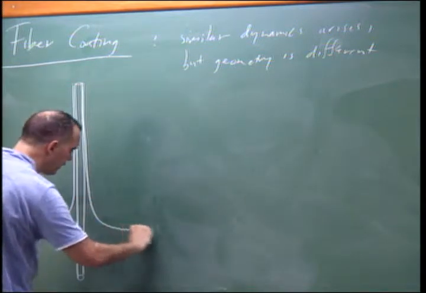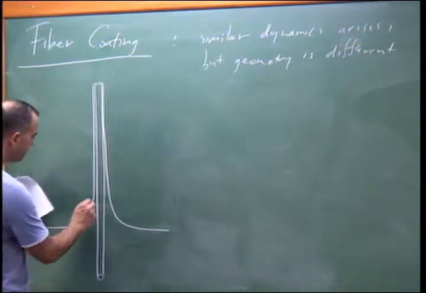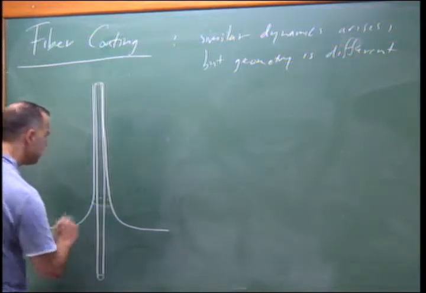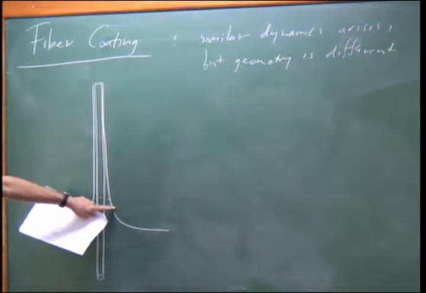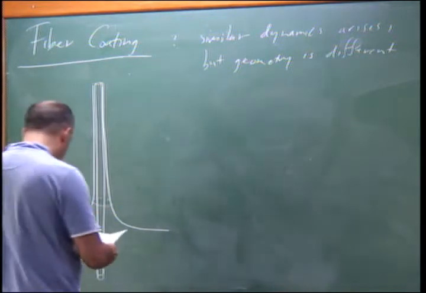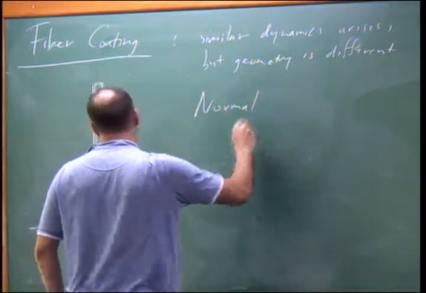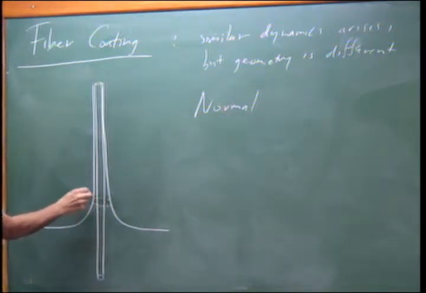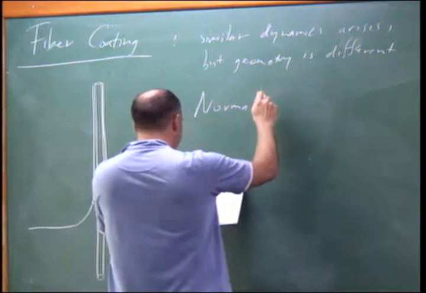So if we look at the curvature here, if we want to compute the divergence of the normal, so the local curvature, if the fiber is very small, then this curvature can be quite high.